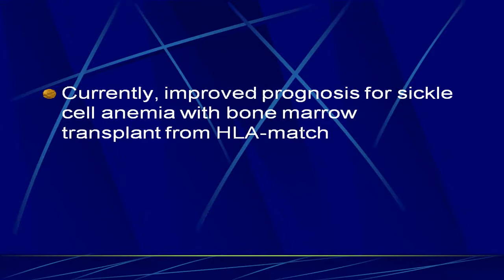Currently, there's improved prognosis for sickle cell anemia with bone marrow transplantation from an HLA match, and that's a histological match, maybe from a sibling that has the same blood match as the person.